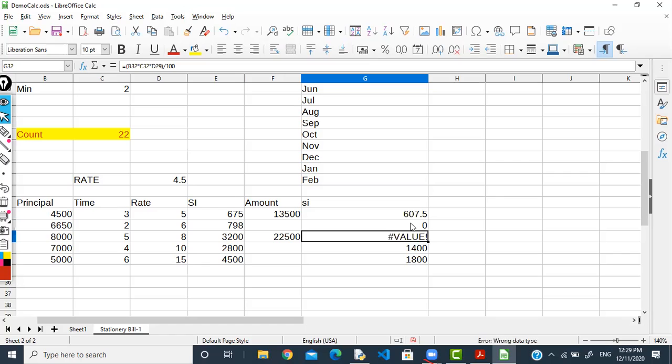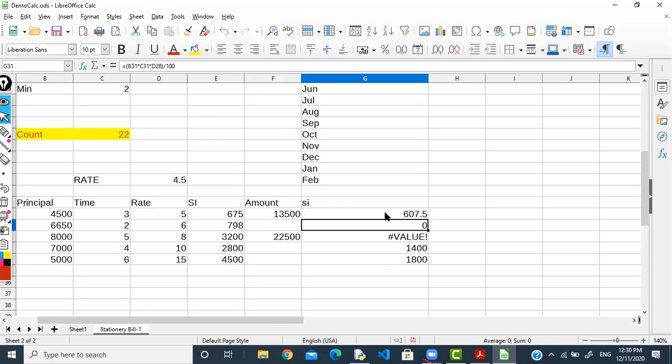Because whenever you copy this formula, this D27, you are assuming that for every principal amount you want the same rate of interest, but it is not going to stay the same. In the next cell it becomes D28, then D29, then D30. So D is going to change.